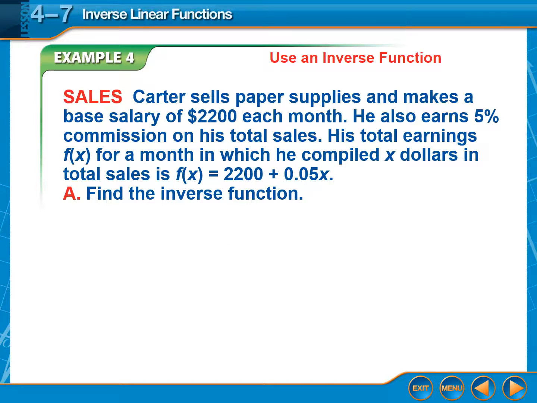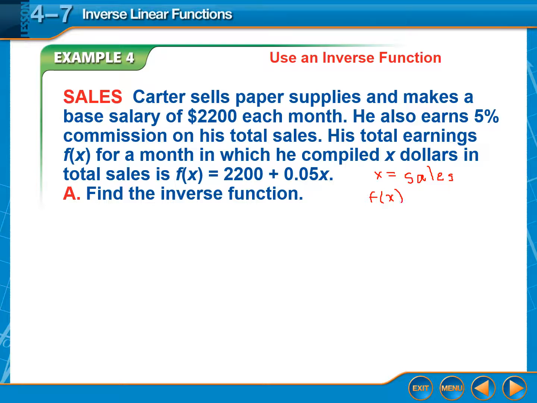So a couple of things as we move into this original equation here. Right now, x is equal to his sales, right? Sales for the month. So x is sales. F of x is equal to the amount of money that he earns based on those sales.